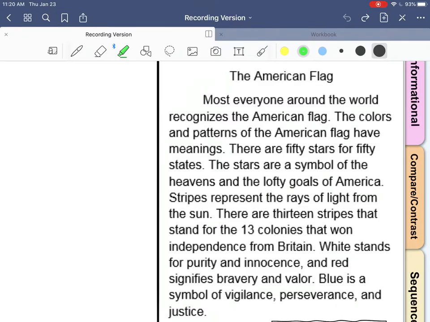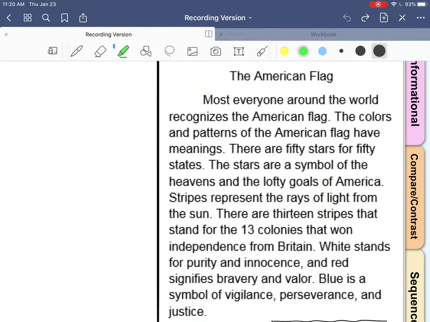There are 13 stripes that stand for the 13 colonies that won independence from Britain. White stands for purity and innocence, and red signifies bravery and valor. Blue is a symbol of vigilance, perseverance, and justice.